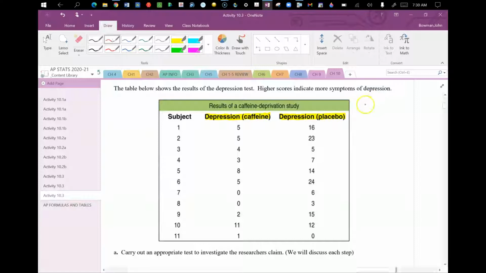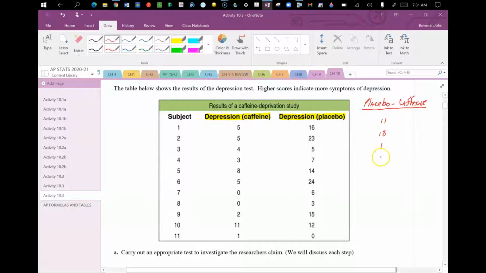So we're going to write over here in this column, placebo minus caffeine. And so our differences would be 16 minus 5 would be 11, 23 minus 5 would be 18, and we're going to go down this and find all these differences, placebo minus caffeine.